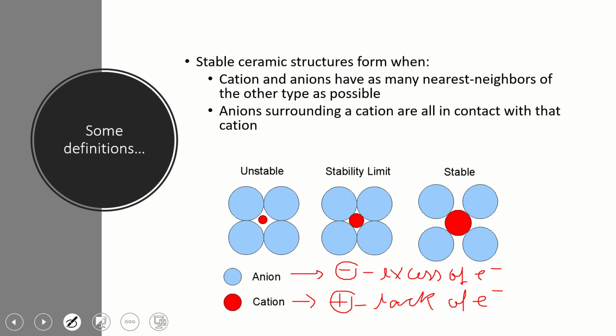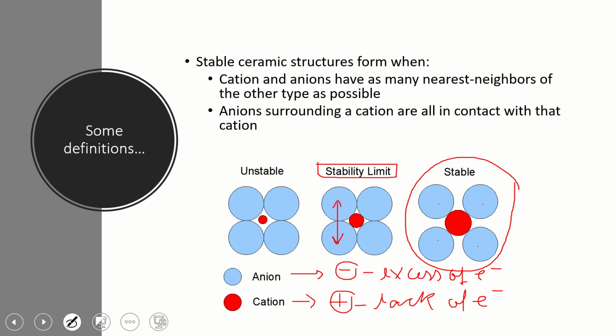They must have that, and the anions surrounding a cation are all in contact with that cation. So this one, the last one, is the most stable because all of them are in contact with the cation in the center. The one in the middle is labeled as the stability limit because these anions that are touching each other are repelling each other.